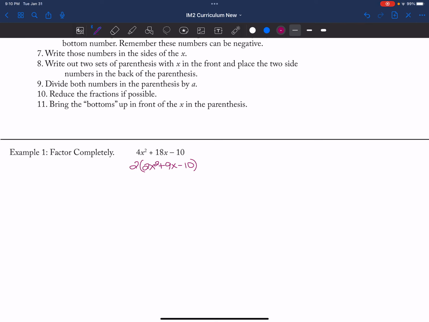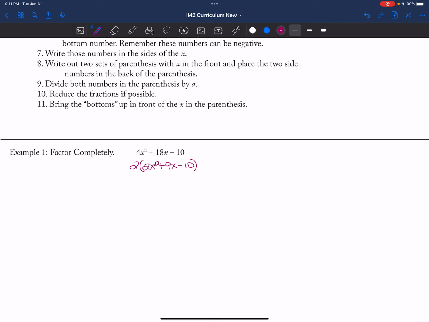But I'm going to show you the first way, which is option 1, just for an example. I shouldn't call it option 1 because I'm really not giving you an option, but we can do it by factor by grouping.